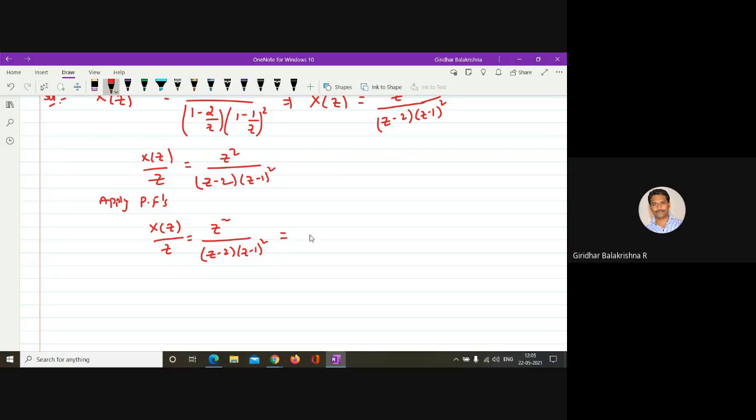If you apply partial fractions, the first term is A by z minus 2, plus the second term B by z minus 1, plus the third term C by (z minus 1) whole square.